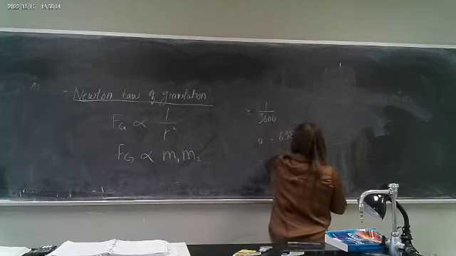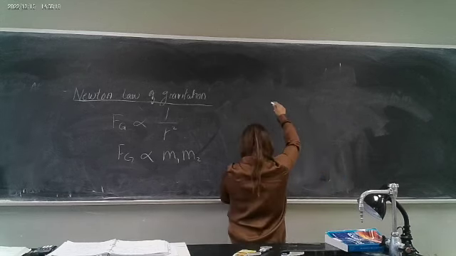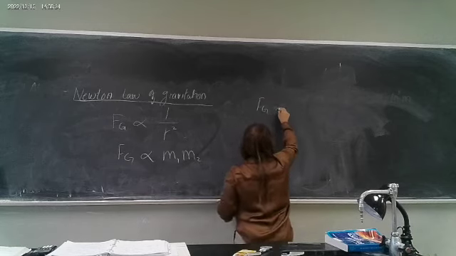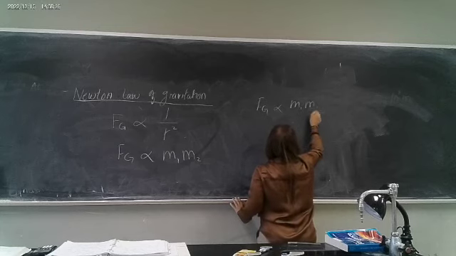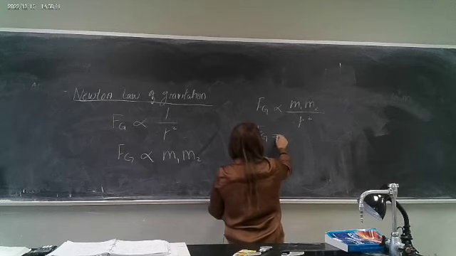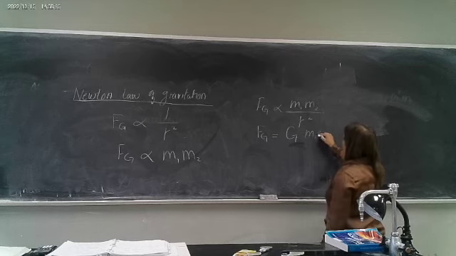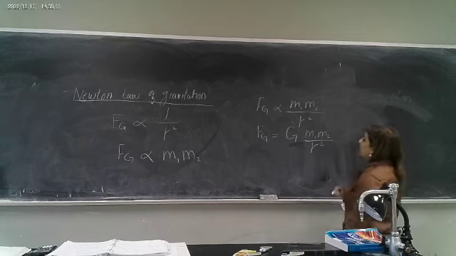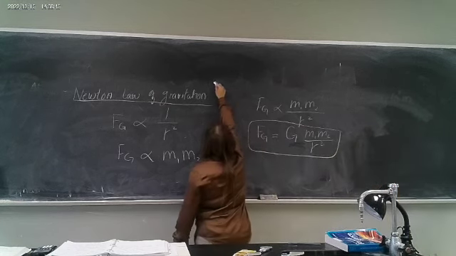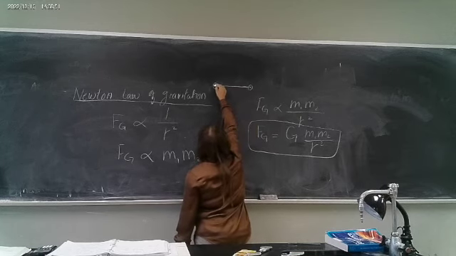By putting these two together, Fg would be equal to the product of masses divided by r squared, if the proportionality changes into a constant. You have G m1 m2 over r squared. This connects any two objects separated by a distance r between their centers of mass.